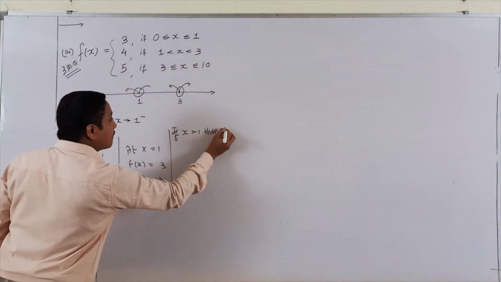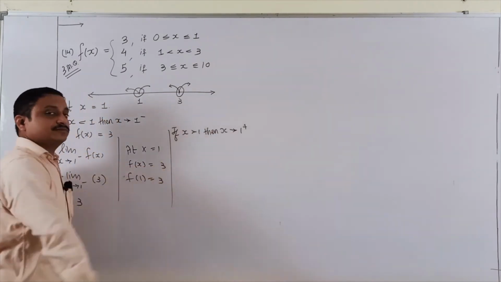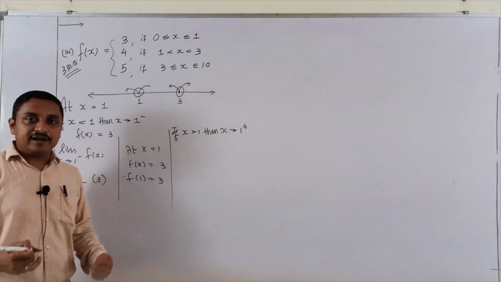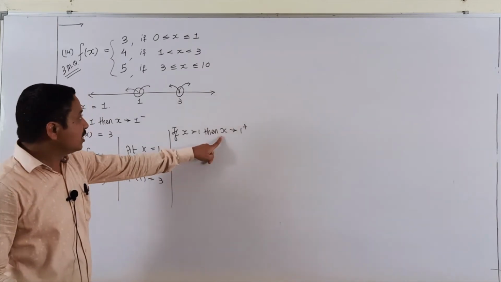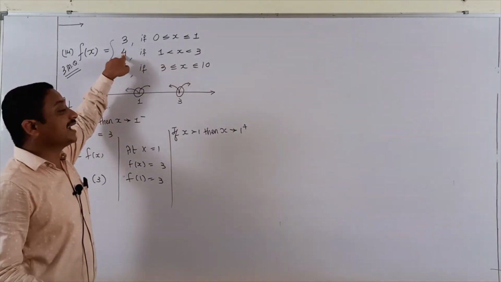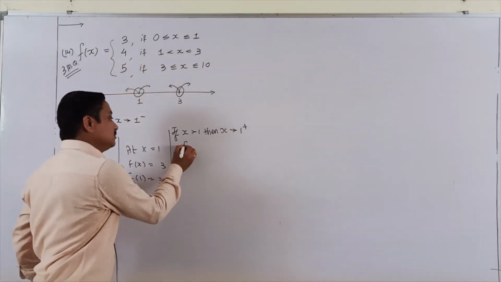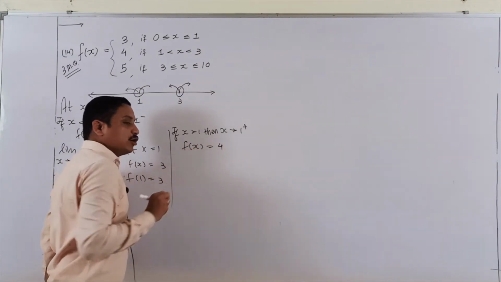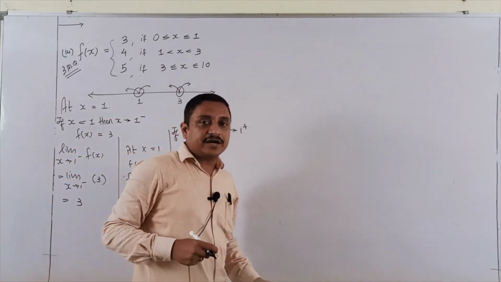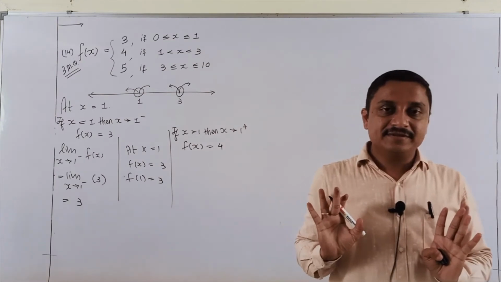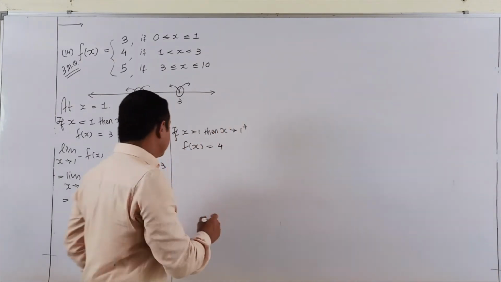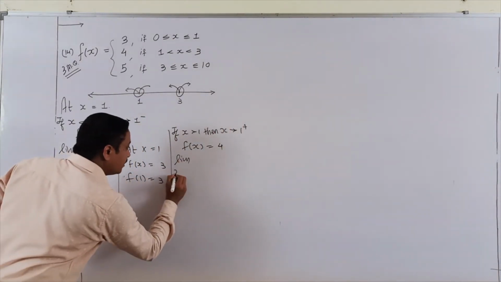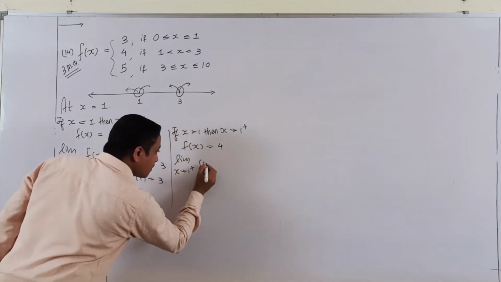If x more than 1, then x tends to 1 positive. Students, I again repeat: more than 1 means what? This function is x equal to 4 of f(x), because it indicates our right hand side limit. And applying the limit, limit x tends to 1 plus.